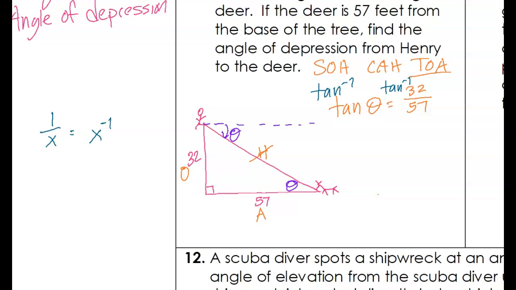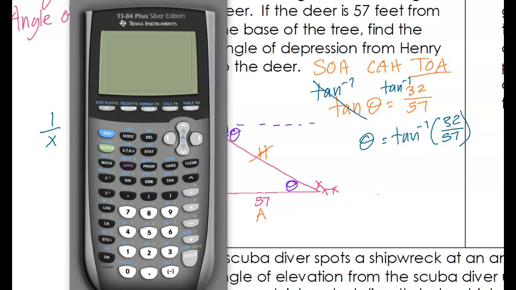So tan divided by tan cancels. And on the left-hand side, you're left with theta. And on the right-hand side, it's tan negative 1 of 32 over 57. Anytime you're missing the angle, which I did record myself going over last class, so the fact that everyone was silent means that you didn't go back and watch that recording.